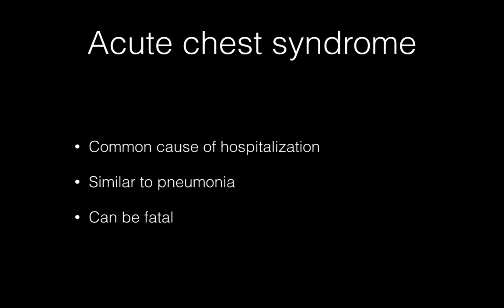Acute chest syndrome. Acute chest syndrome is a common cause of hospitalization in children with sickle cell disease. It is clinically similar to pneumonia. Acute chest syndrome can be fatal to the child with sickle cell disease. Acute chest syndrome is the result of sickling in the lungs.